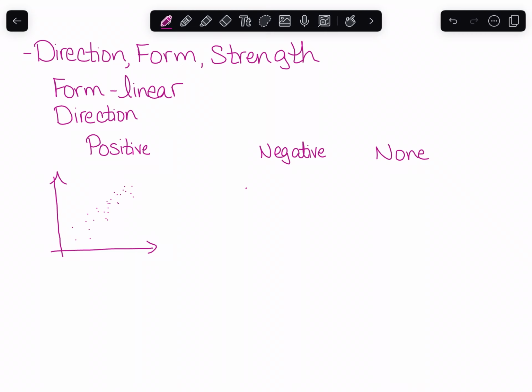This is seen in our first example where we looked at absences and grades, but the idea is that the points move down and to the right. Finally, no relationship may exist if there is no discernible pattern in the dots. They are kind of all over the place.